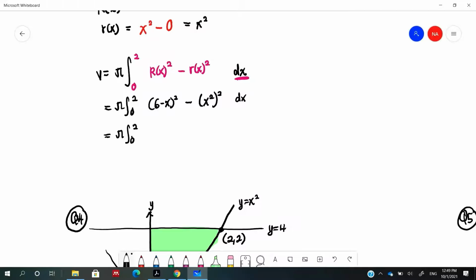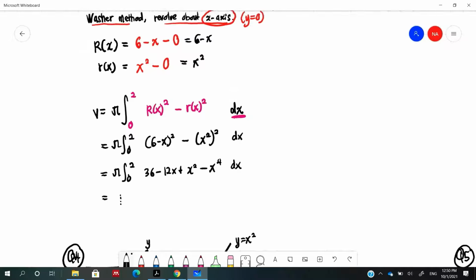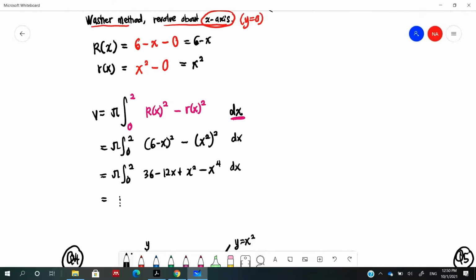From 0 to 2, that will be 36 minus 12x plus x squared minus x to the power of 4, dx. Then we integrate like usual. I'm not going to show the full calculation, but you should know how to set up. This part is very important in this washer method.